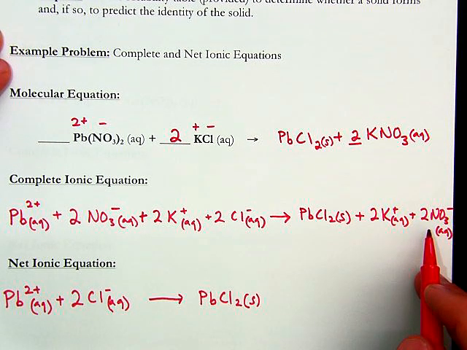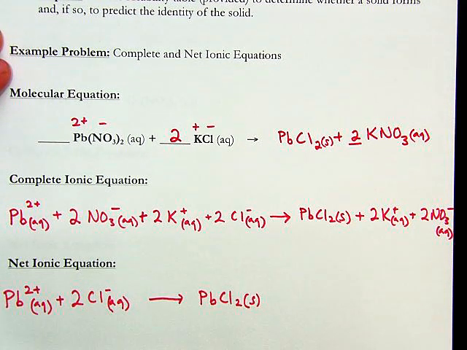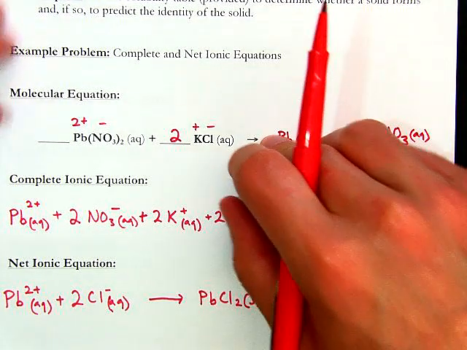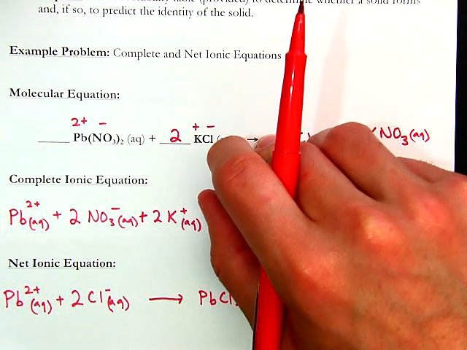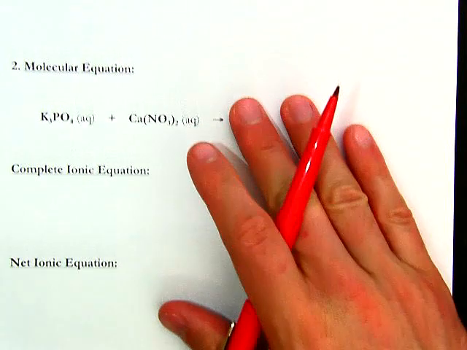They weren't involved. They just sat back and watched. These are called the spectator ions. They are not included in the net ionic equation. So this is writing a complete and net ionic equation. We're going to do a couple more examples, and hopefully you start to get the hang of it, okay?